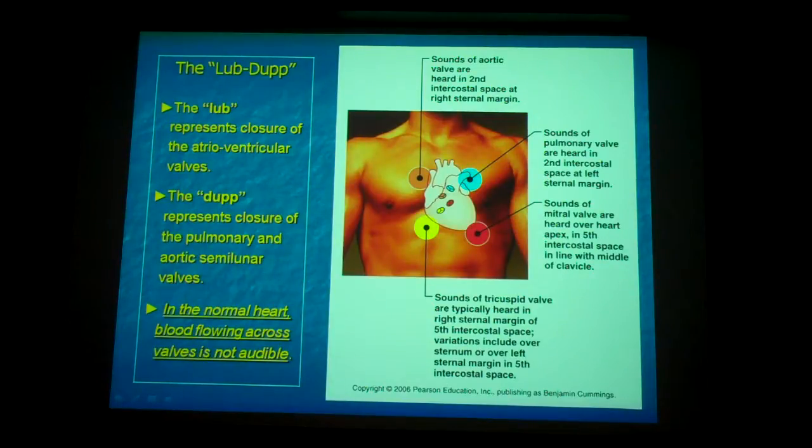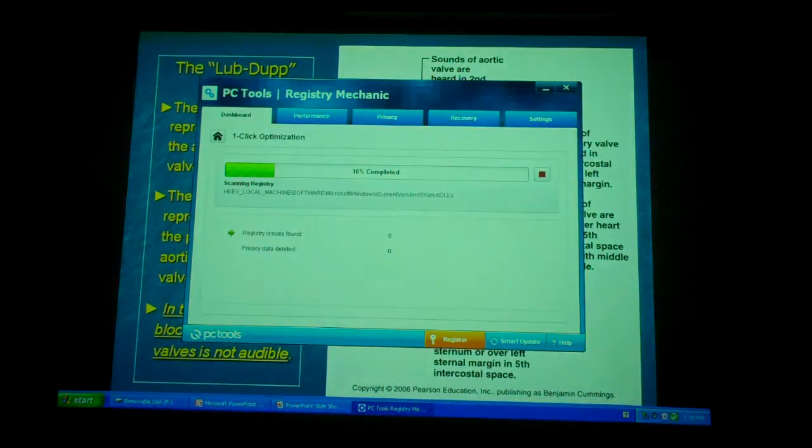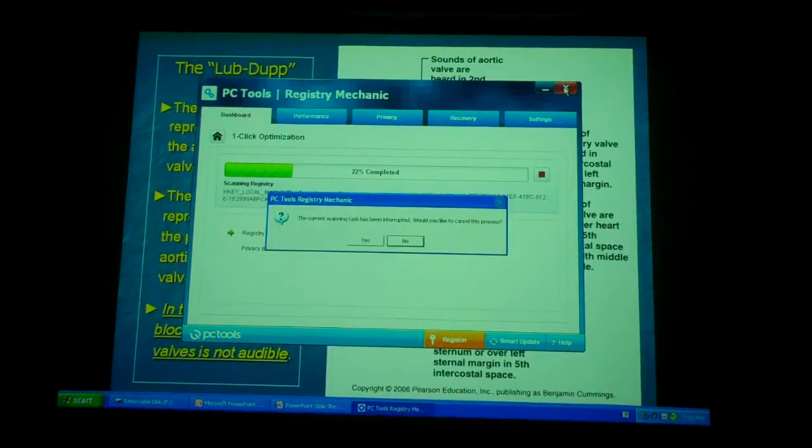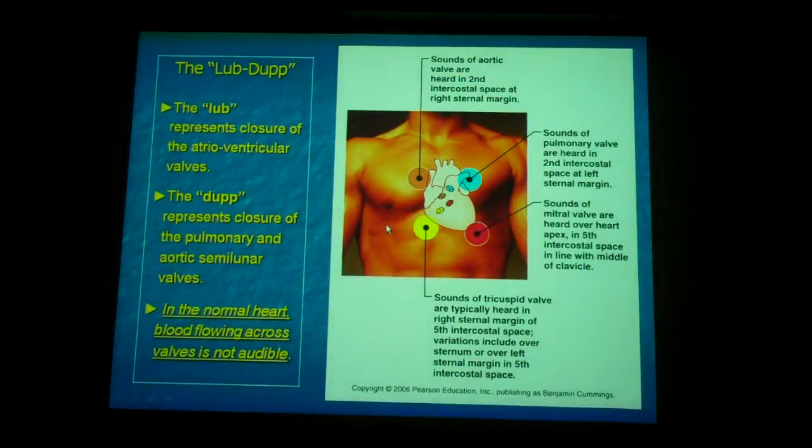You can listen for the various valves by moving the stethoscope around the different places on the chest, as you see here. And so if you've ever had a physician listen to your heart, you may have noticed that he or she moved the stethoscope around, second intercostal and fourth intercostal, and was listening for places where you best hear the valves.